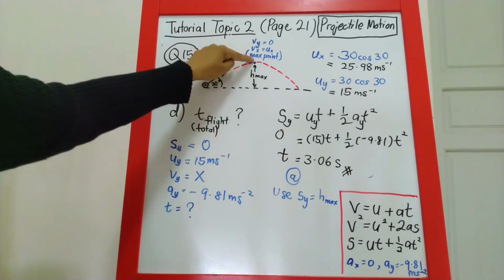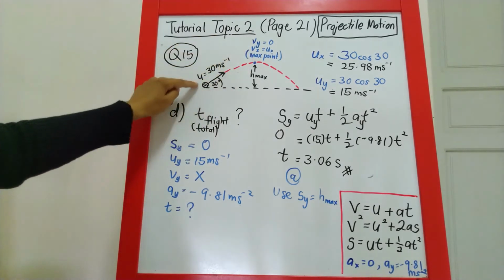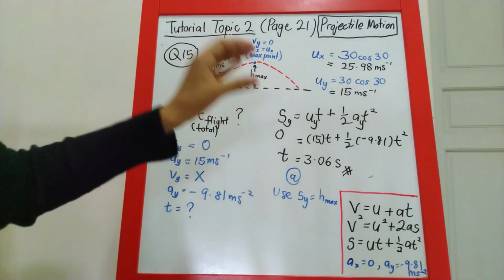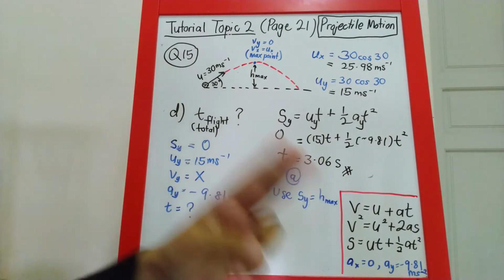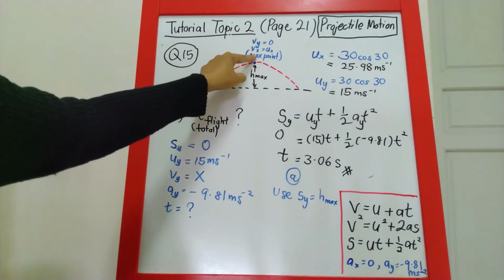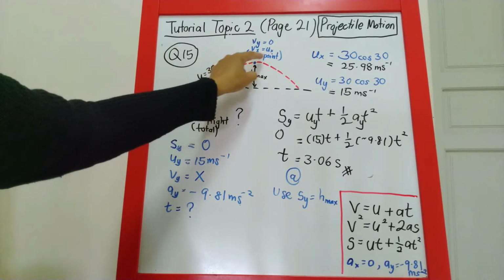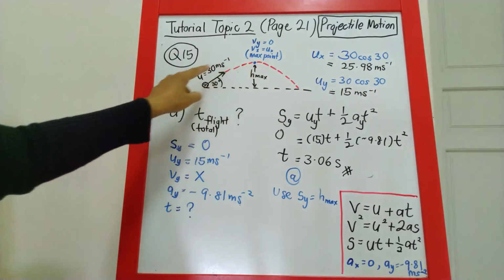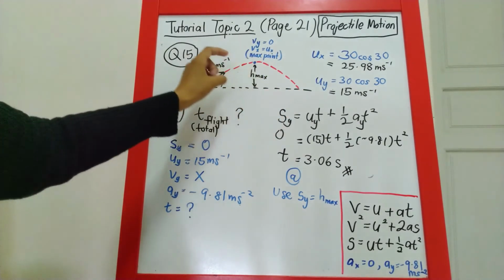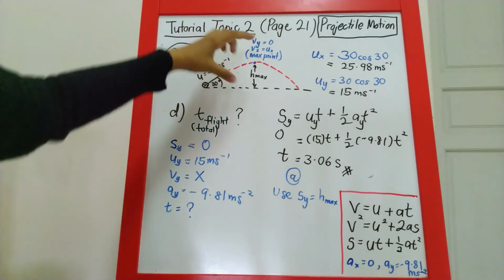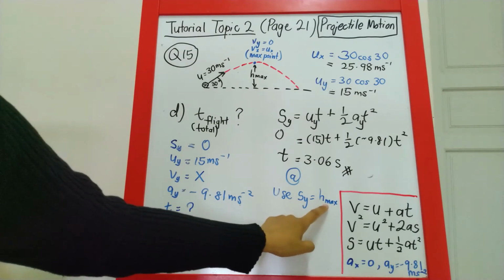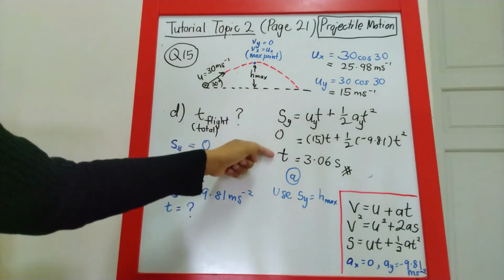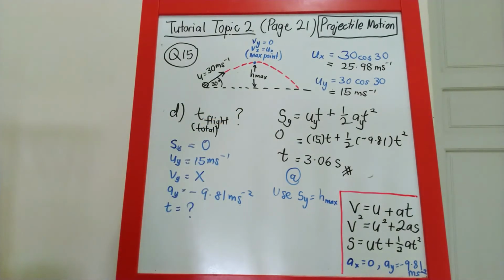So find this time and then multiply it by 2, because the time from here to here is the same as the time from here to here. Therefore, you just need to multiply by 2 the time that you find when you use Sy equals the maximum height. Then we get the same answer as this.